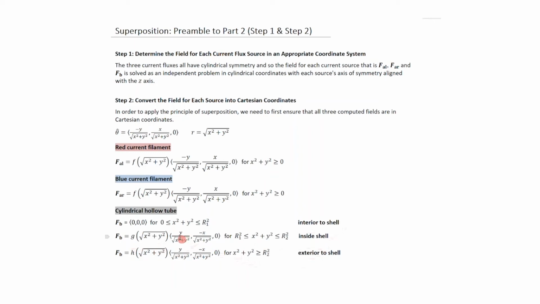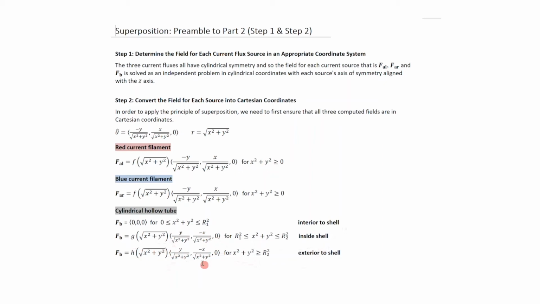But notice that here, the sign has been reversed. So this minus y is now a positive y, and this positive x becomes a minus x. Why? Because the field is in a clockwise direction. Go back to the previous slide where we looked at the xy trace, and you could see that the field was in the clockwise direction. So this is a proper representation of the field.